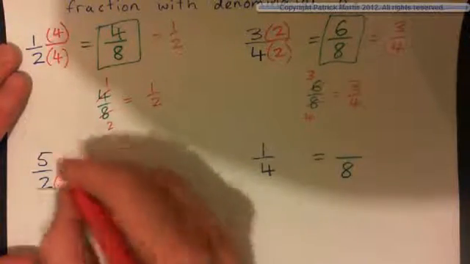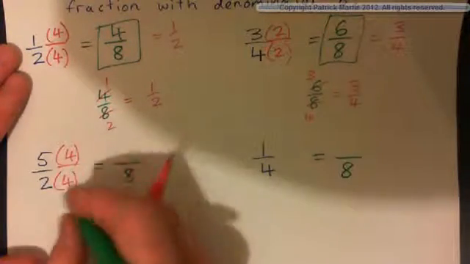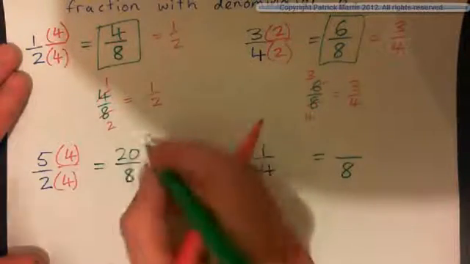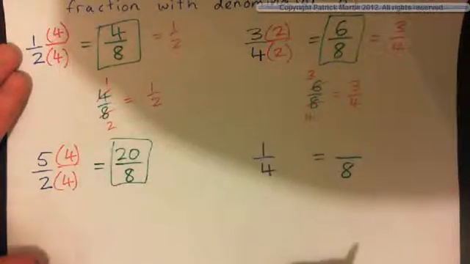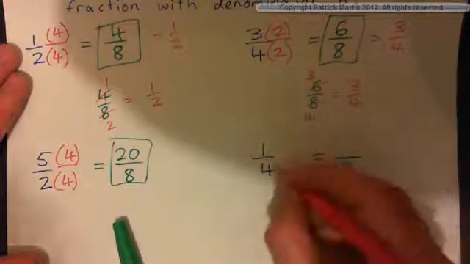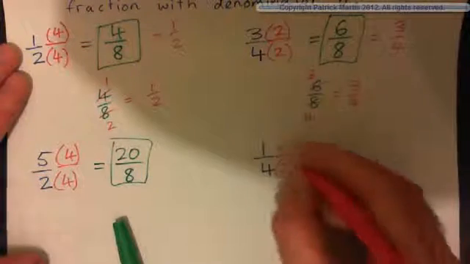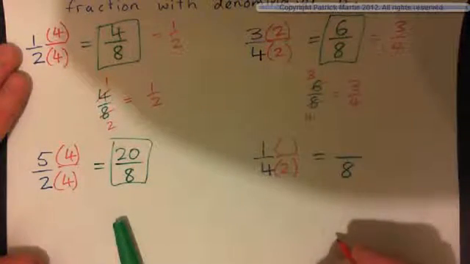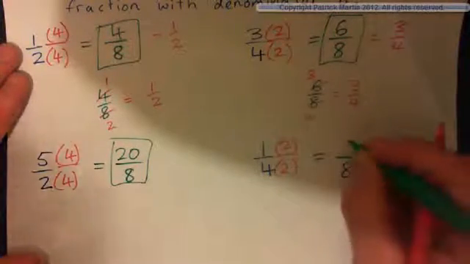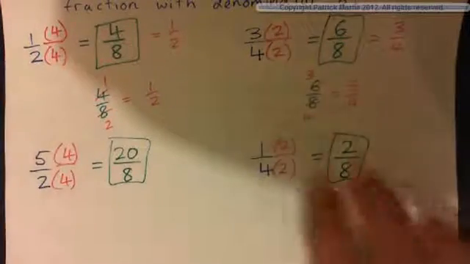If I multiply the bottom by 4, I must do the same thing to the top, because 2 times 4 is 8, and 5 times 4 is 20. 5/2 is the same thing as 20 over 8. To turn 1/4 into eighths, I need to multiply the bottom by 2, and I must then multiply the top also by 2. So 4 times 2 is 8, and 1 times 2 is 2. So 1/4 is the same thing as 2 eighths.